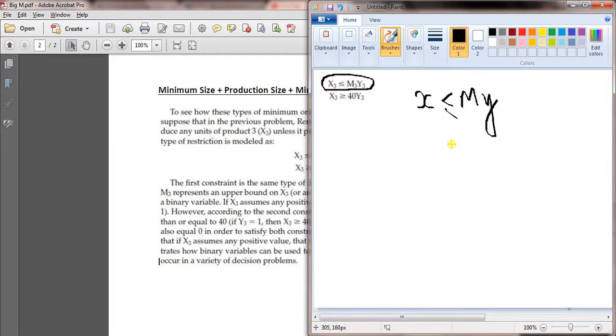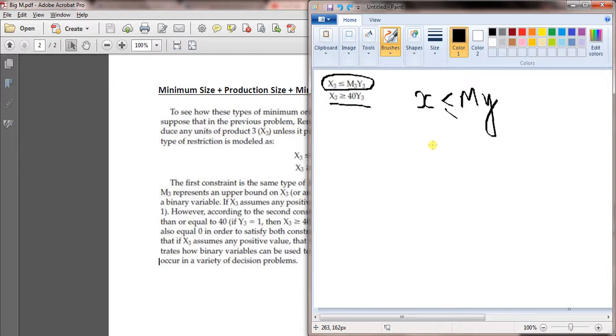Now we have a limitation: if x has to be produced, then it has to be a minimum of 40. In that case, we have to use another constraint called the minimum constraint. This is an extension of the previous thing.